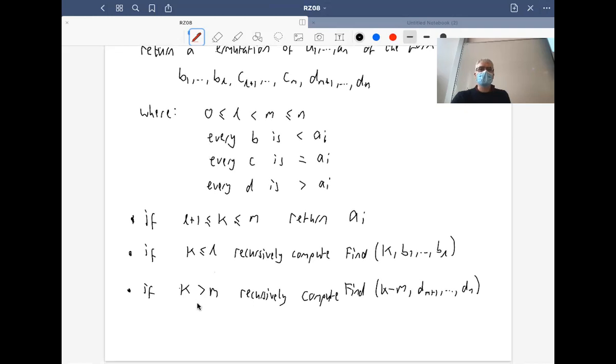And if k is greater than m, then we know that the kth element is in the D's. And what we want to find is the k minus m smallest element in the D's, okay? So that's how we split it into a recursive algorithm.